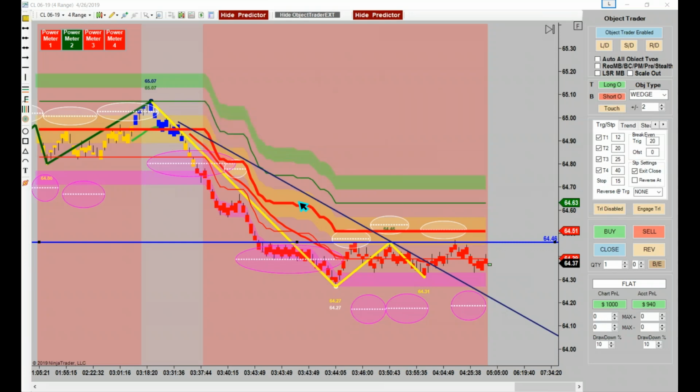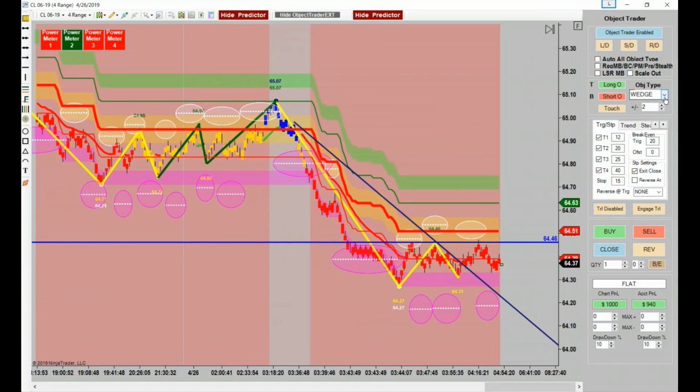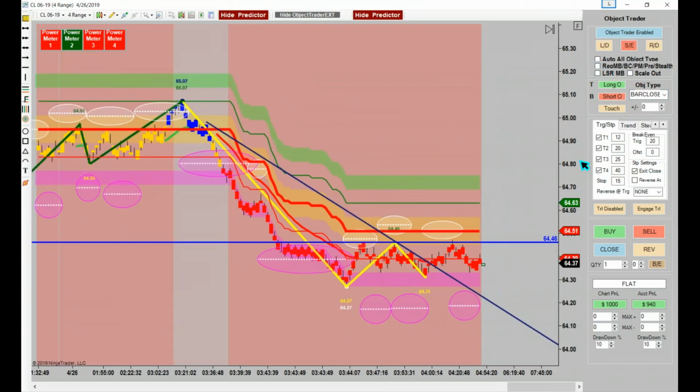Who knows? Something, without setting an alarm or anything, something wakes you up. Maybe you ought to get up. But anyway, that's the timing that I actually got into my computer. Okay. So I was diagnosing this chart and I thought, you know what? This is actually looking like it's still heading down, right? So I just simply turned on bar close, short. And then I turned it on auto.